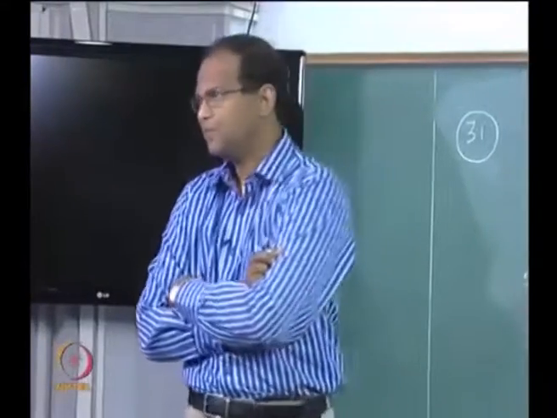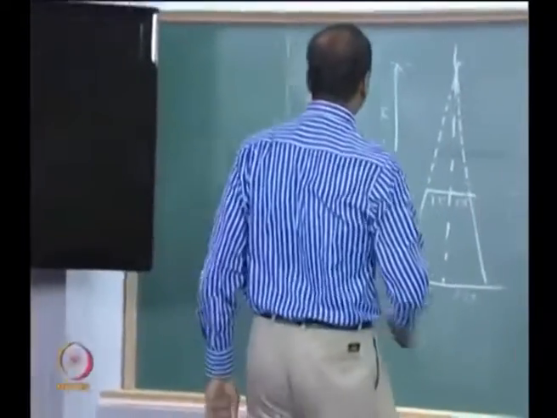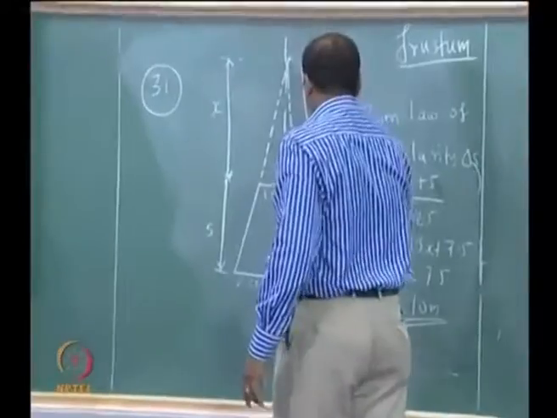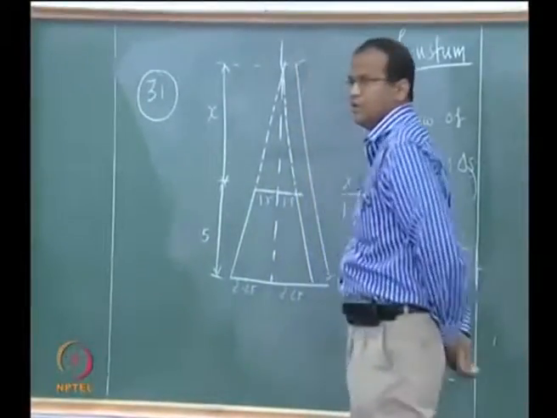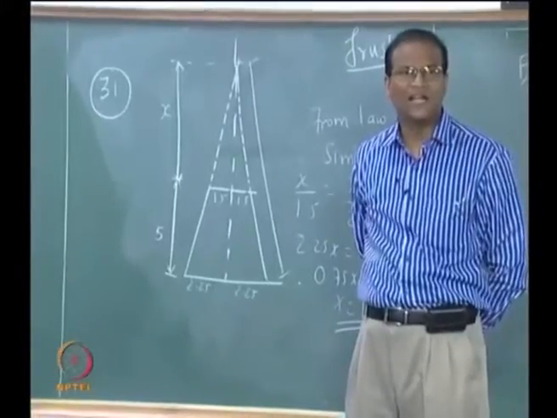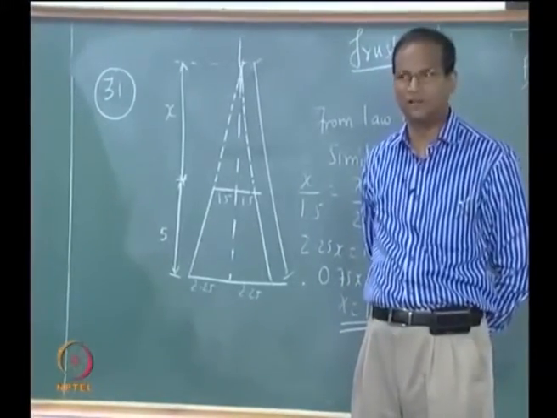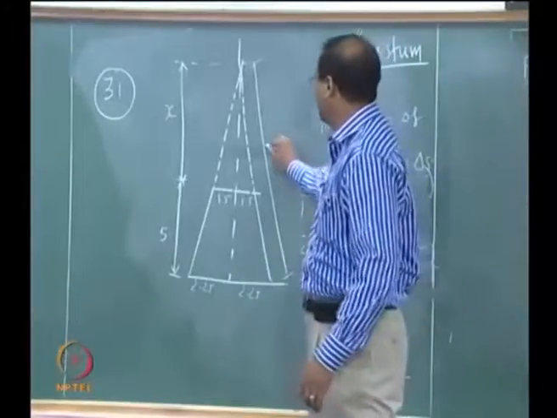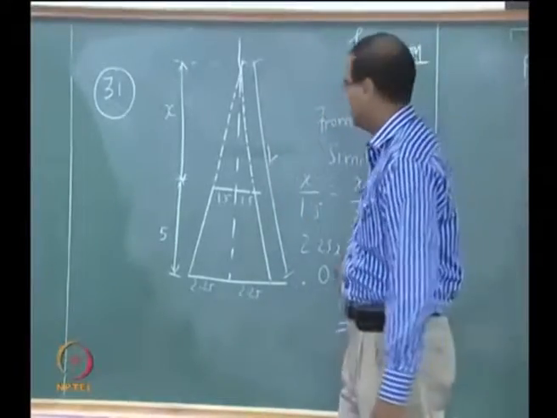Okay. Now, the surface area of the cone is pi r L, where L is the slant length. So, you have to find out the slant length now.